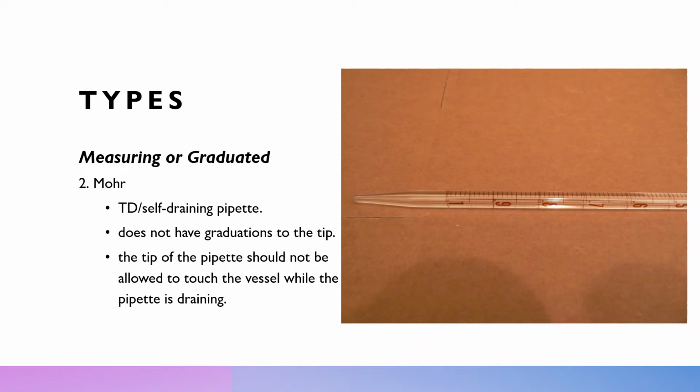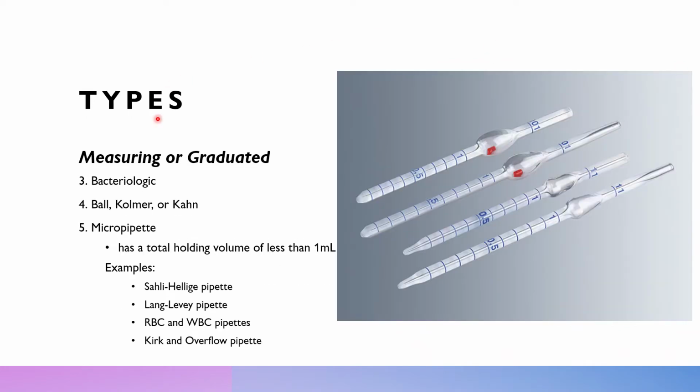Okay, let's proceed. Other examples of measuring or graduated type of pipettes include bacteriologic pipette. There's also Ball, Kolmer, and Kahn pipettes. There are also micropipettes. Micropipettes, class, hold a total volume of less than 1 milliliter.